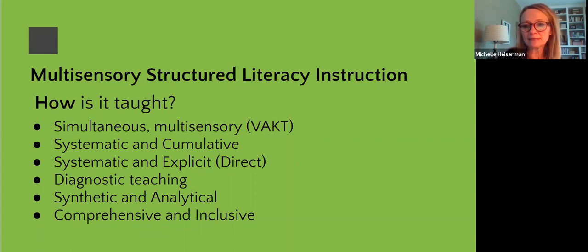It's taught systematically and explicitly. So not only does systematic mean that there's a continuum, it also means that we have a very systematic approach to the way that we deliver instruction, and that instruction includes plenty of time for teacher modeling and guided practice before students are asked to do something independently.